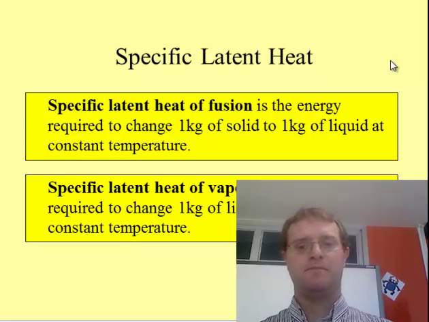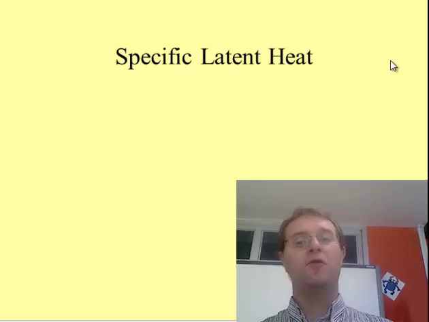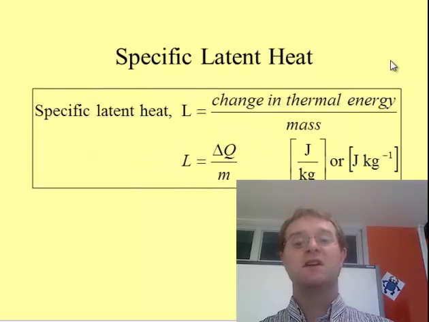What you'll find is the formula that you'll use for this is you'll recognize the specific latent heat is normally given the letter L, capital L. Doesn't matter if it's for vaporization or melting, either way it's perfectly acceptable.